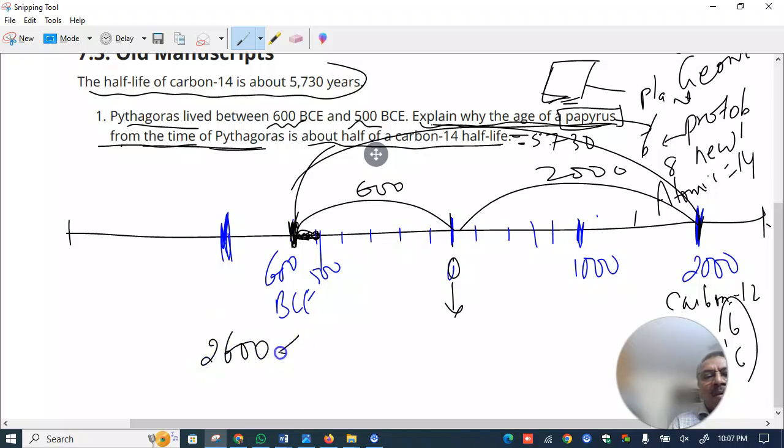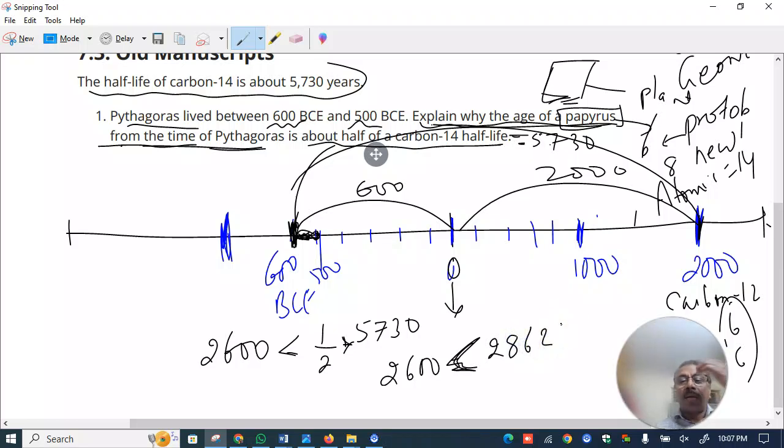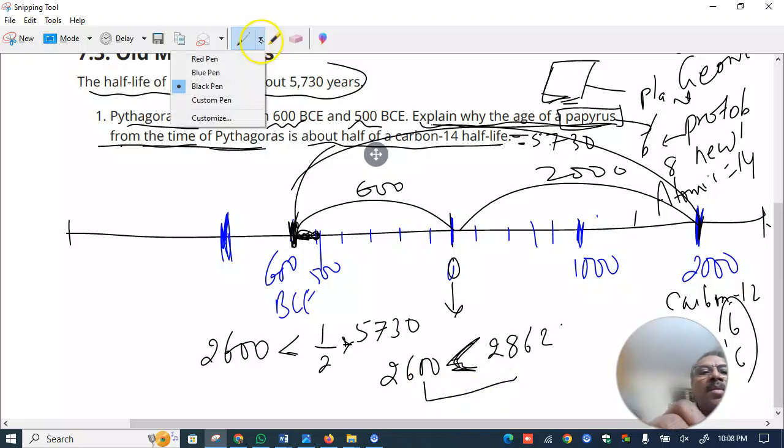And if you take the half of the half-life of carbon 14, it is 2,865. I'm just taking a round figure. So 2,600 is a little less. What does that basically mean?